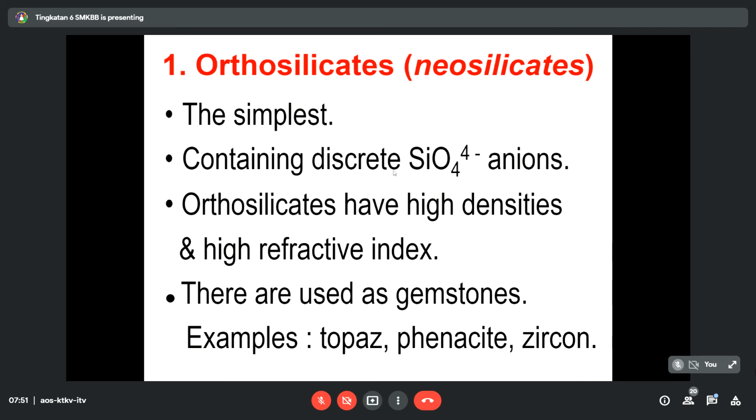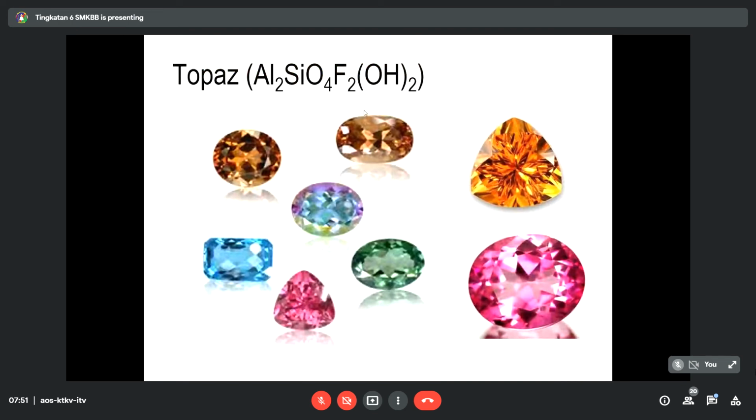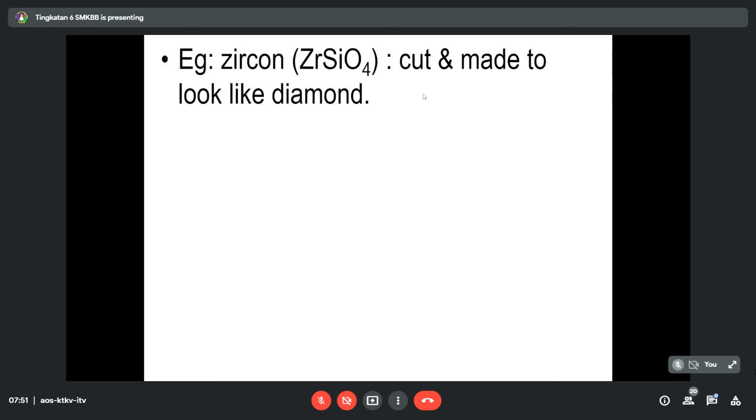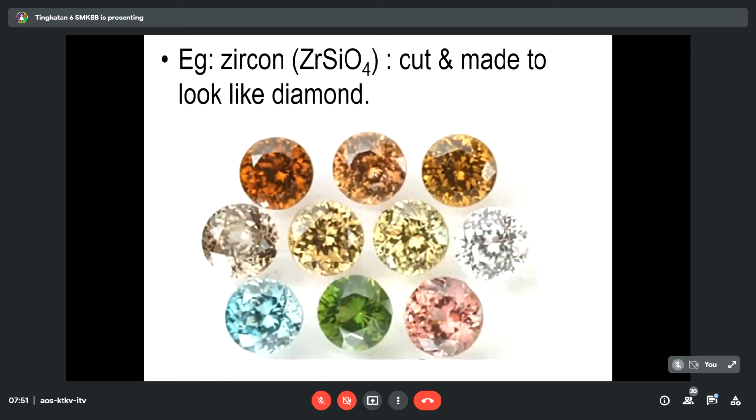In topaz, only 1 unit of SiO4 is present in the structure. Then you get phenakite, SiO4, 1 unit only. And zircon can be cut and made to look like diamond. So ortho only consists of 1 unit, the discrete SiO4.